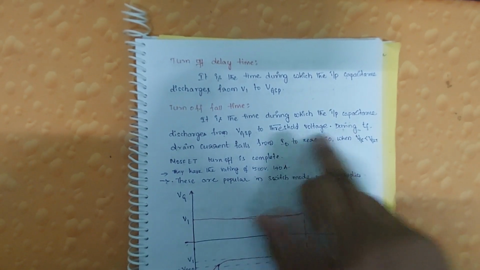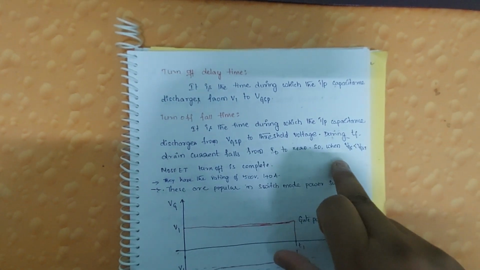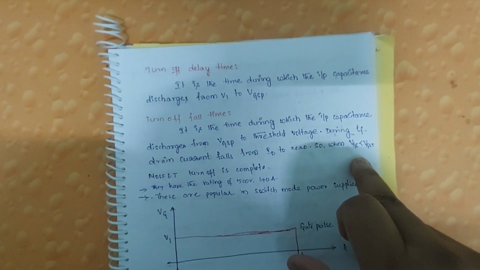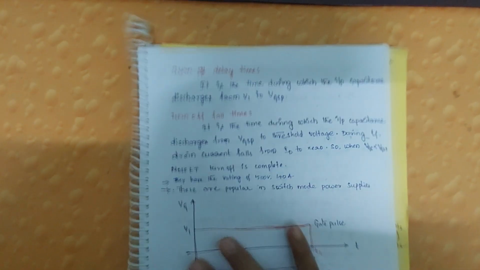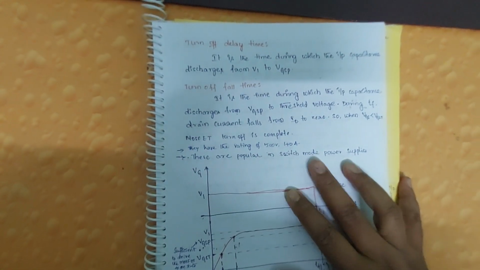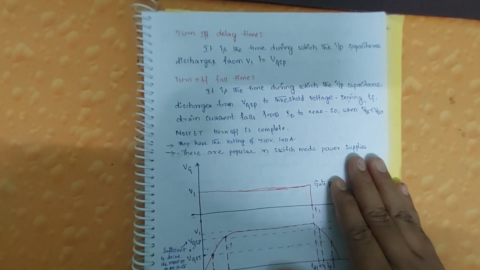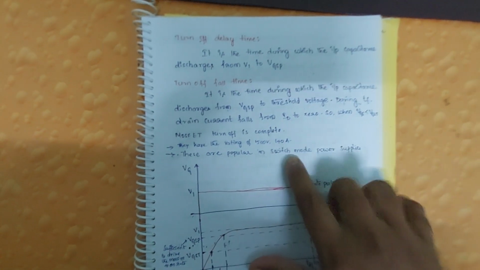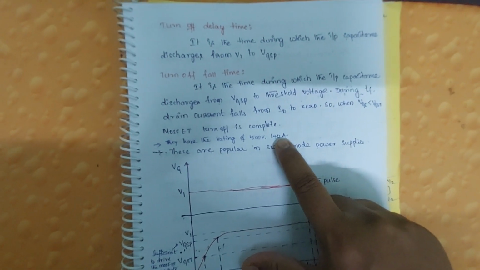During turn off time, the drain current falls from ID to 0. When the gate to source voltage is less than the threshold voltage, the MOSFET is turned off completely. These are very popular switch mode power supply devices, which we use in SMPSs, with ratings of 500 volts to 140 amperes.